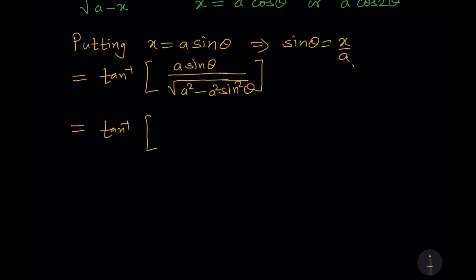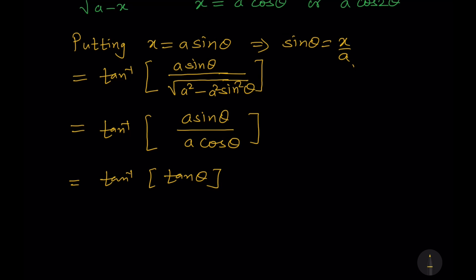When you simplify it further, you will get tan inverse of a sin theta upon, as we mentioned earlier, a cos theta, since a square cos square theta under the square root means a cos theta. So tan inverse of, we get tan theta, and tan inverse of tan theta is equal to theta.